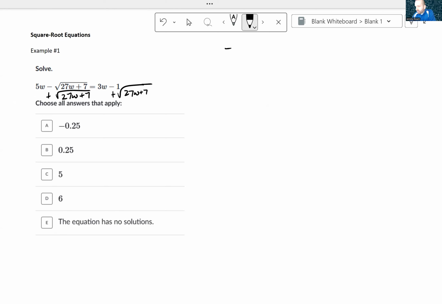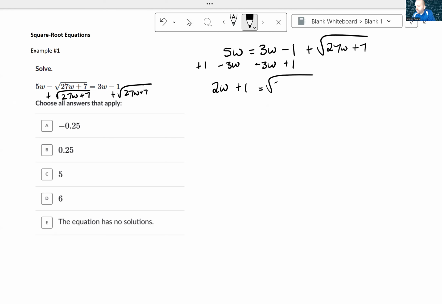And that's going to give us 5w on the left equals 3w plus negative 1, and then plus our square root of 27w plus 7. Now we're going to subtract 3w and add 1 to both sides. So that's going to give us 2w plus 1 equals the square root of 27w plus 7.